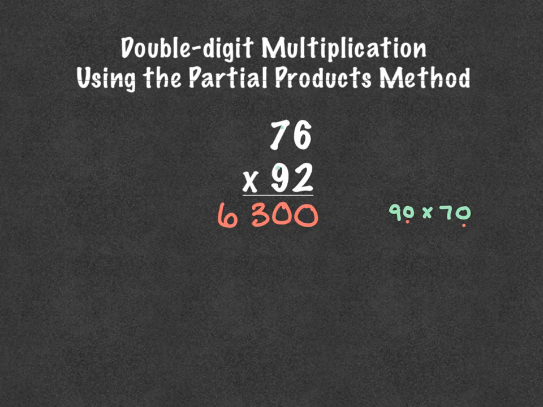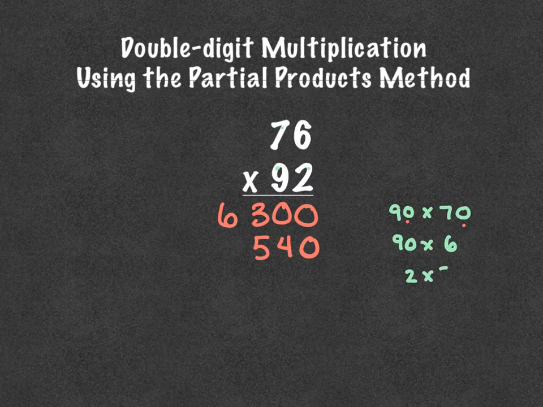Now we're going to stick with this 90. 90 times 6: 9 times 6 is 54 with a 0. Then we're going to multiply each number on the top times the 2. So 2 times 70 is 140.